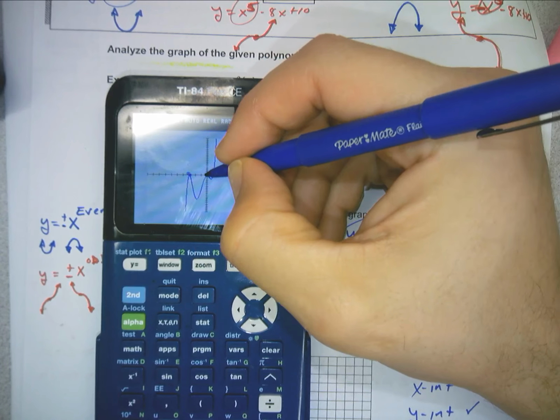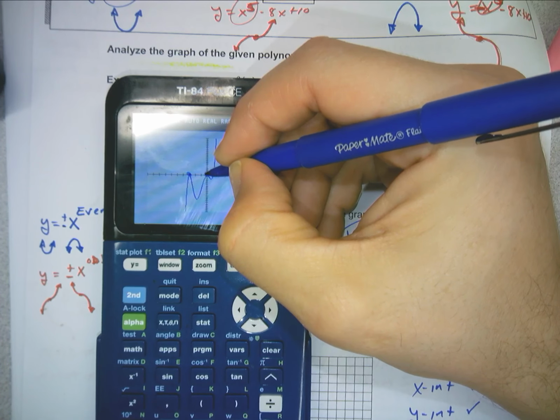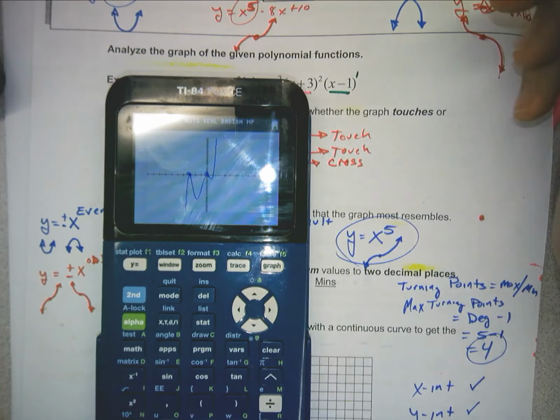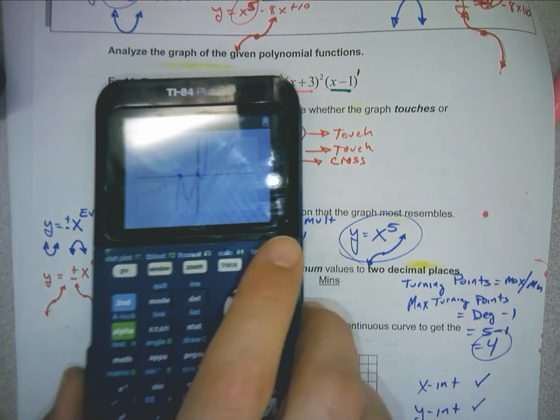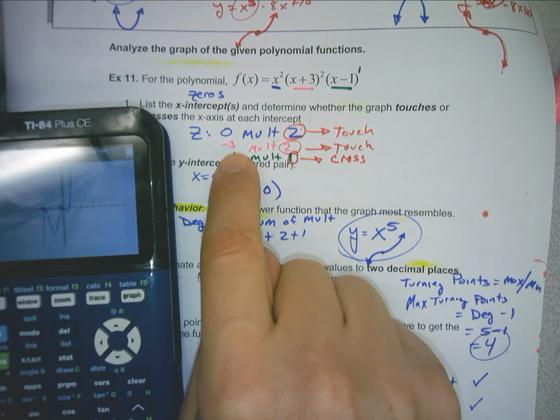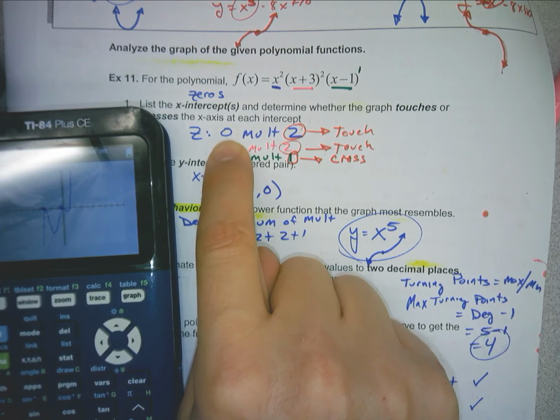There's a maximum. There's a maximum. Okay, what do you notice about these two maxes? Where are they located? That's my question. Where are these two maxes located? On the x-intercept. Yeah, these are your x-intercepts, specifically at negative 3 and 0.